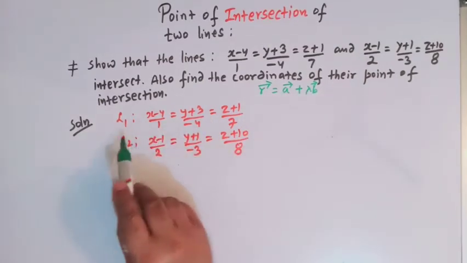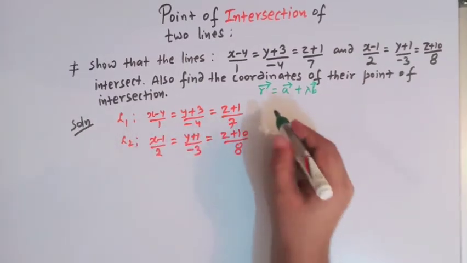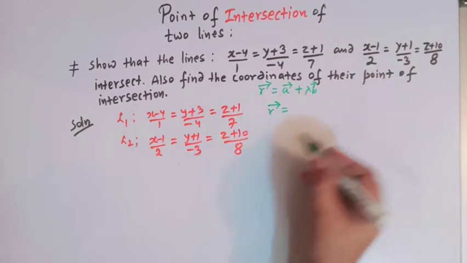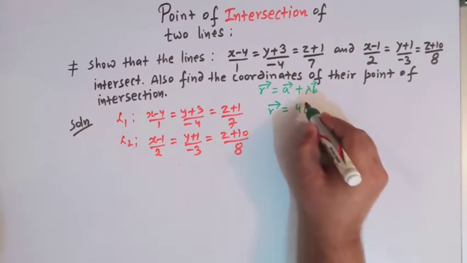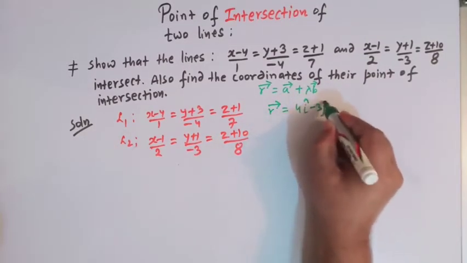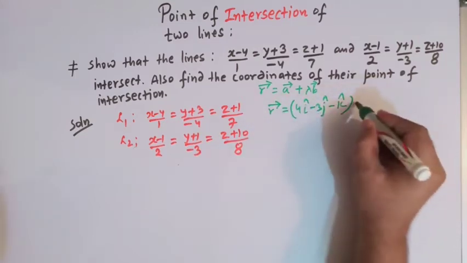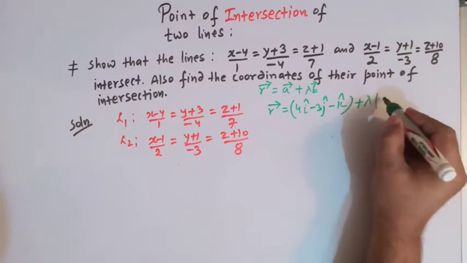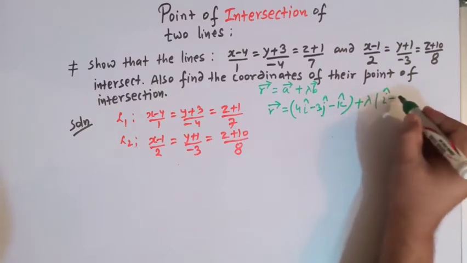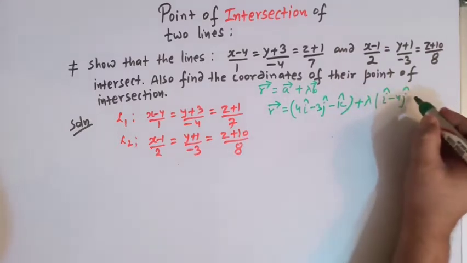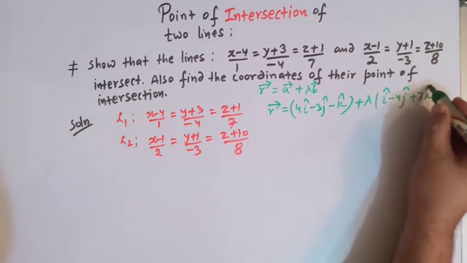Converting, we get vector r equals 4i cap minus 3j cap minus k cap plus lambda times (i cap minus 4j cap plus 7k cap).